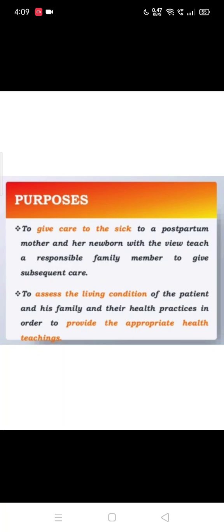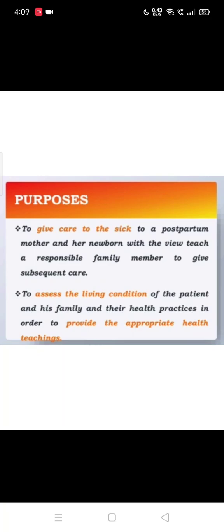If it is unhygienic, if they are not eating nutritious food, their immune system will be down, and if the environment is unhygienic, all the microorganisms will be causing disease. Okay, health practices in order to provide appropriate health teaching.